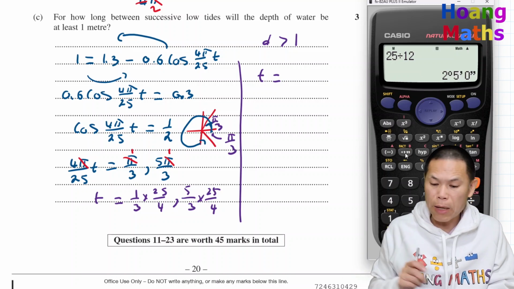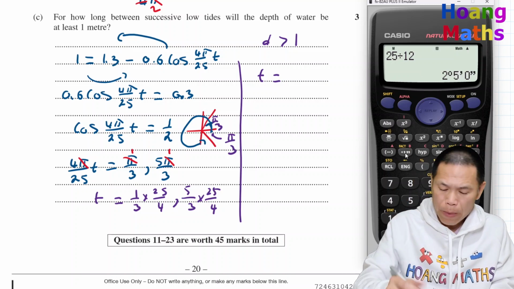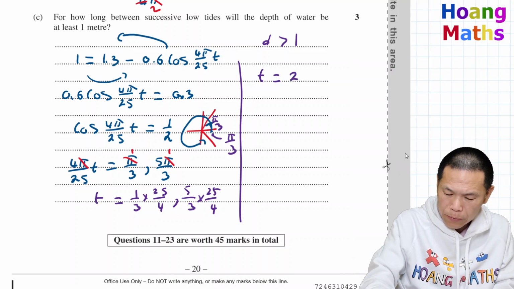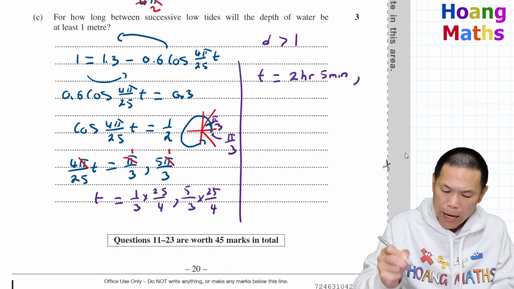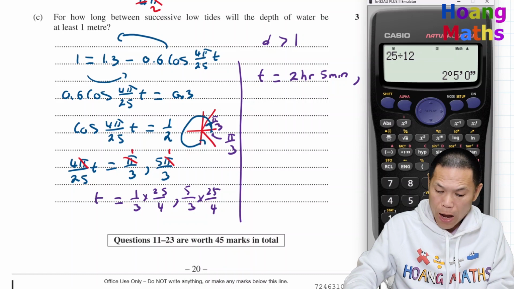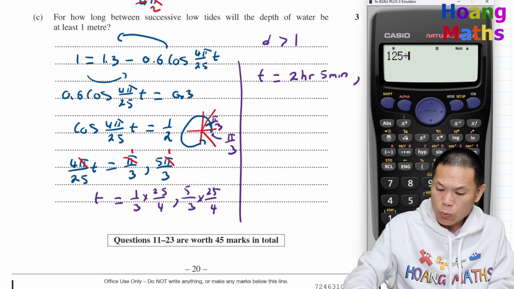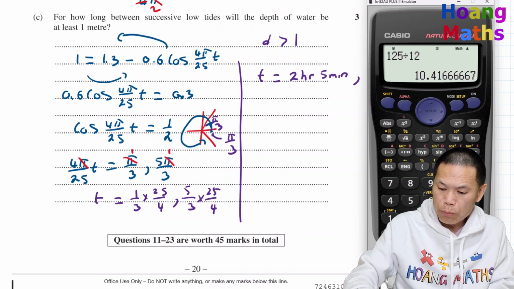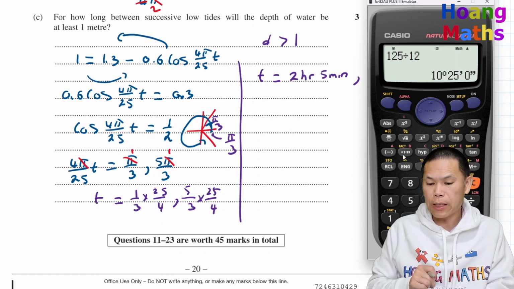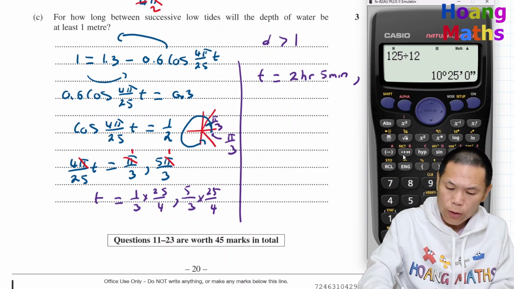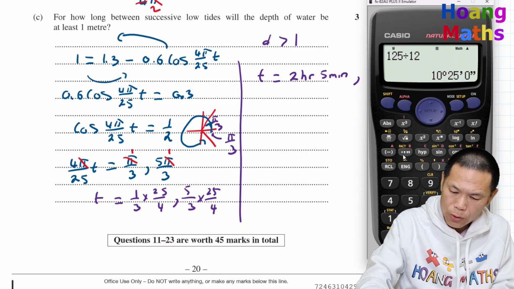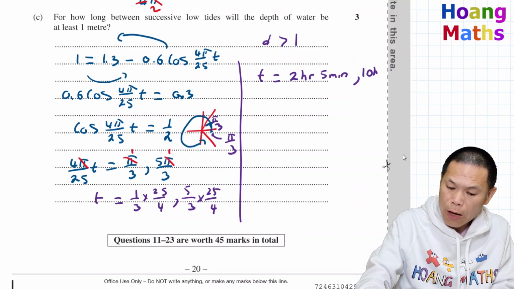Press the DMS button: 2 hours and 5 minutes. And the other one is 5 times 25, which is 125, divided by 12. Press the DMS button: 10 hours and 25 minutes.